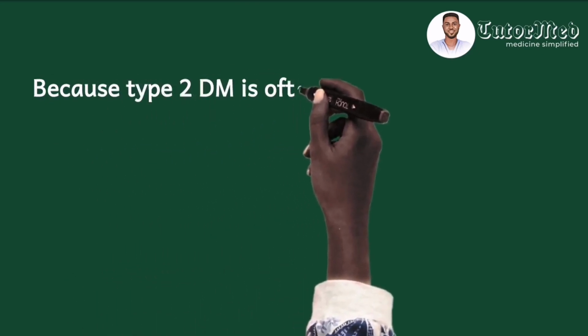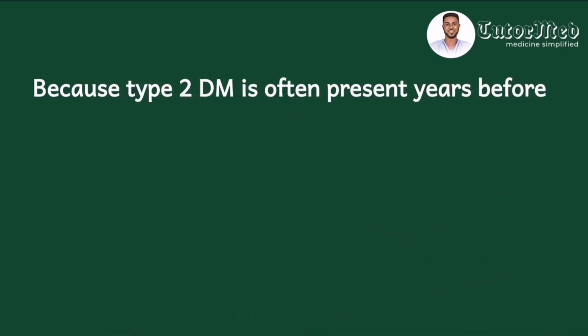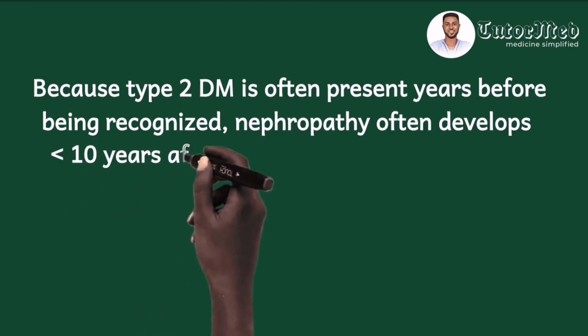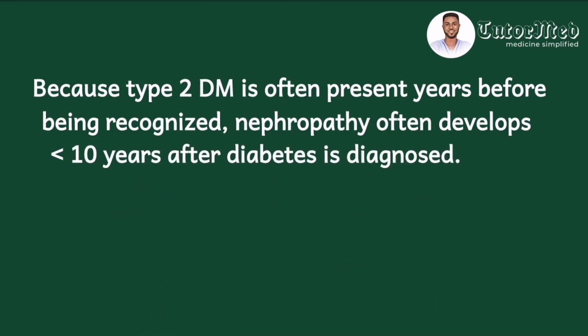And so because the type 2 diabetic patients often present years before they are recognized, the kidney injury or the nephropathy often develops less than 10 years after the diagnosis of the diabetes. In other words, by the time you diagnose a patient with type 2 diabetes mellitus, the hyperglycemia would have already begun its harmful effects on the kidneys. And so within just 10 years of diagnosis, the kidneys become diseased from DM.